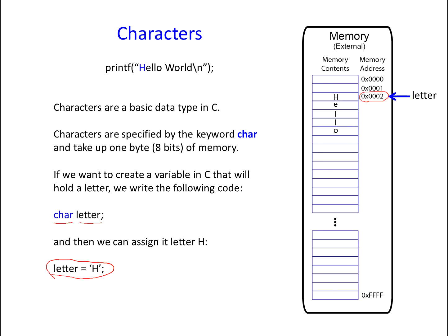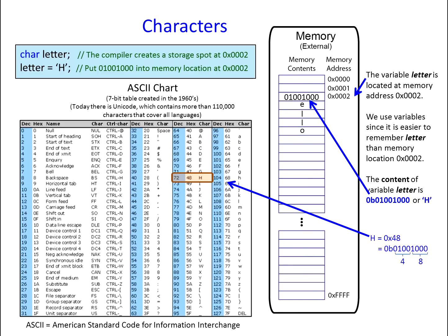In this case, it's the letter H, and then H is placed at that location in memory. And characters are just 1 byte, they're 8 bits. You can have more advanced characters, but we won't worry about that right now.